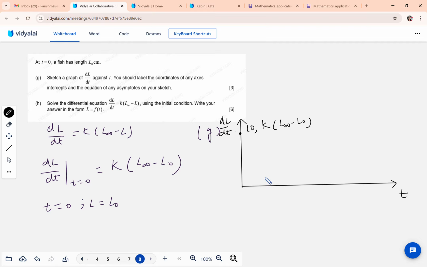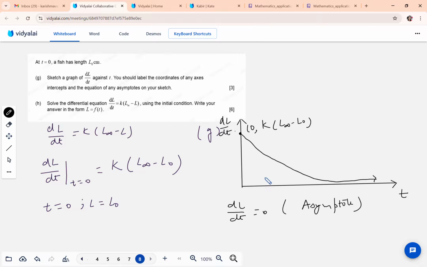And as the growth will decrease, our graph will go somewhat like this, and our asymptote here will be dL/dt equal to 0. This is our asymptote. So that's how we draw the graph: a decreasing graph with one y-intercept and one horizontal asymptote.